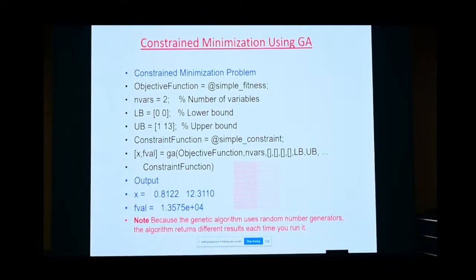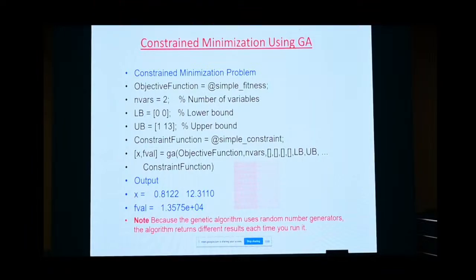If there is no equality and inequality constraint, simply put the square brackets, then the bounds, lower bound and upper bound, and the constraint function. When you enter these in the command window, you will get the outputs. Two variables means x will have two columns, first value is x1, second is x2, and the function value you will also get.